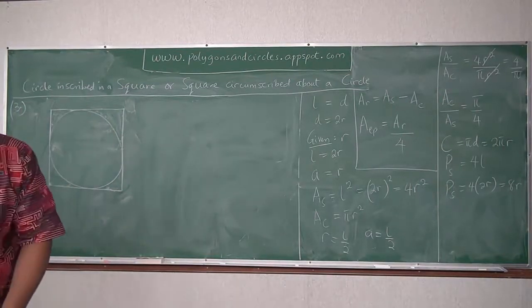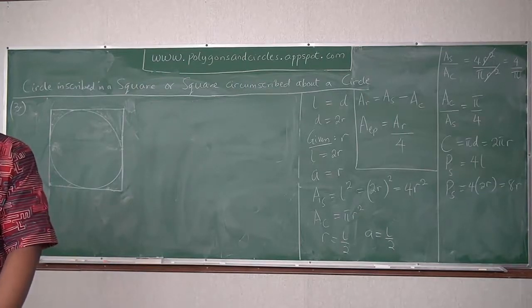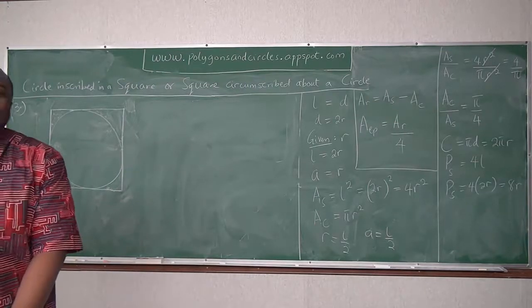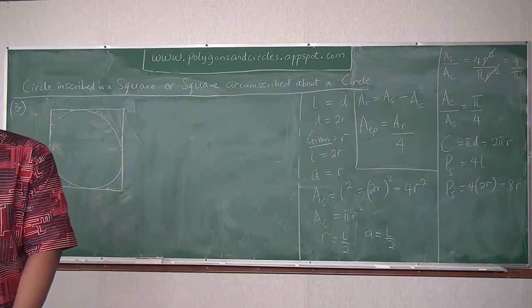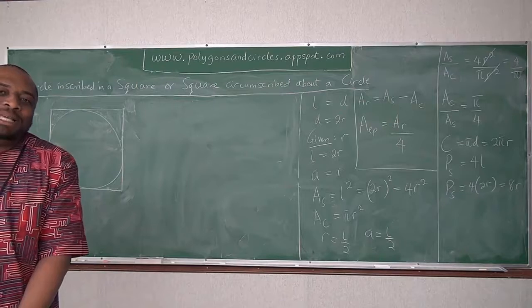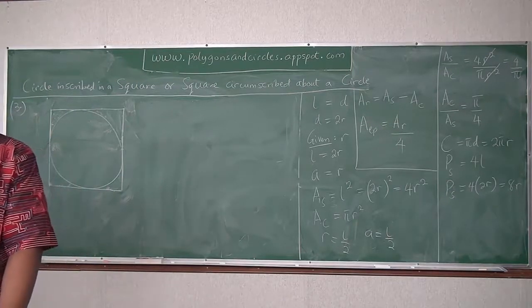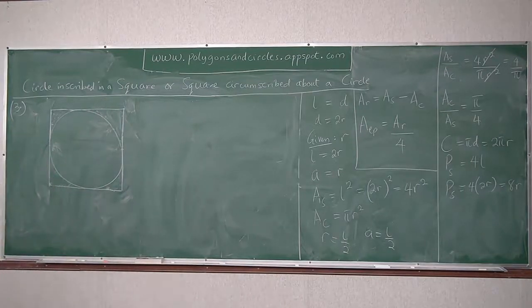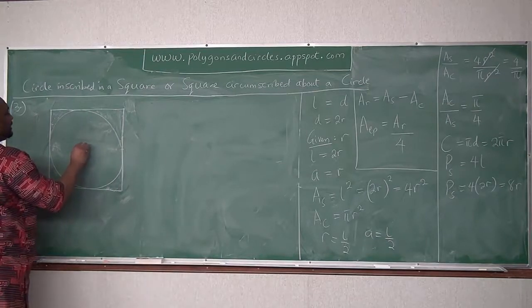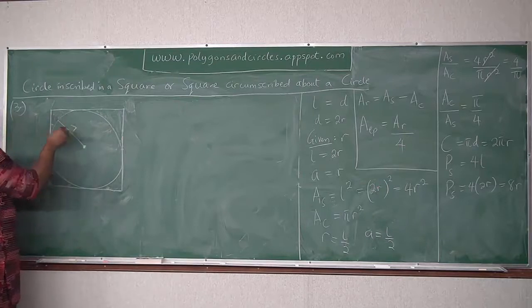Question 3 is 2012 Form 1MC, and that is question 38. This is what they gave us. They gave us the radius of the circle, 7.